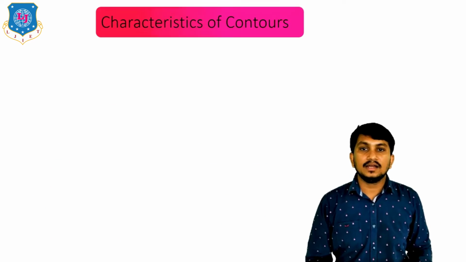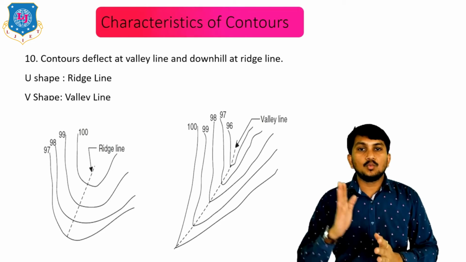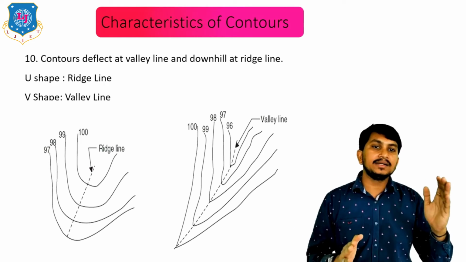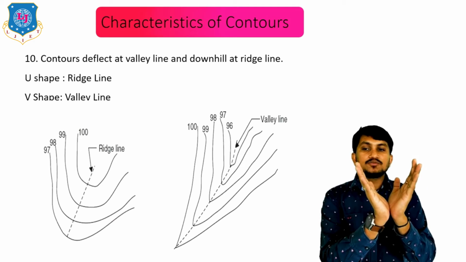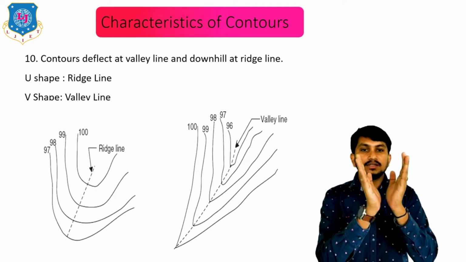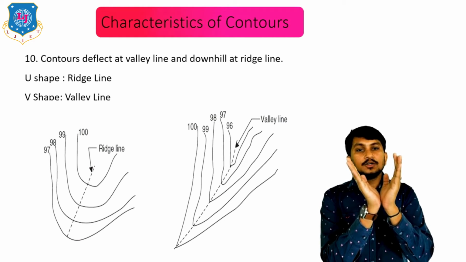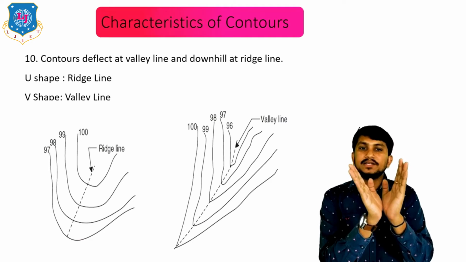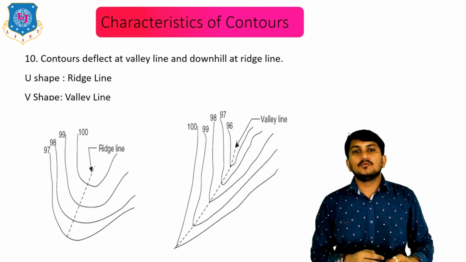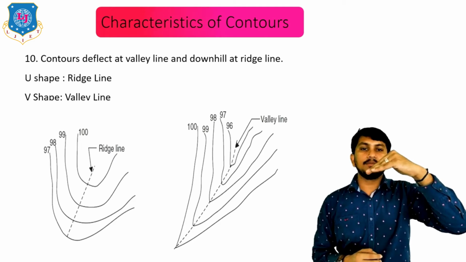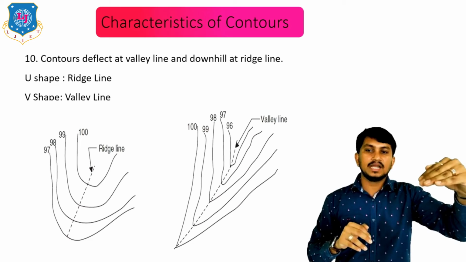And the last is contour lines deflect uphill at valley line and downhill at ridge line. So what is a valley line? You can clearly see this type of shape of valley. If you draw the contour map of this valley, the contour lines are V shaped. A ridge line is the top of the hill, a range of hill like this.